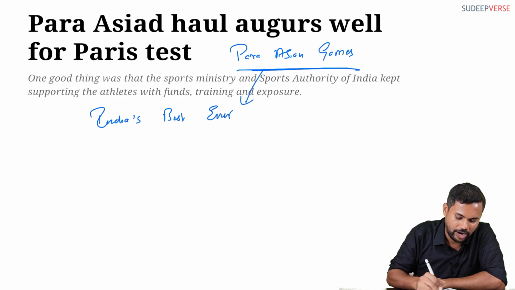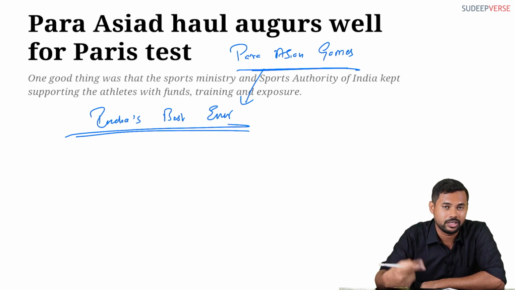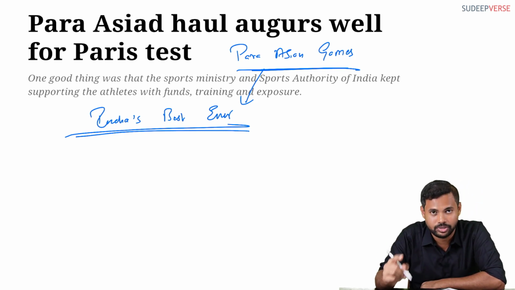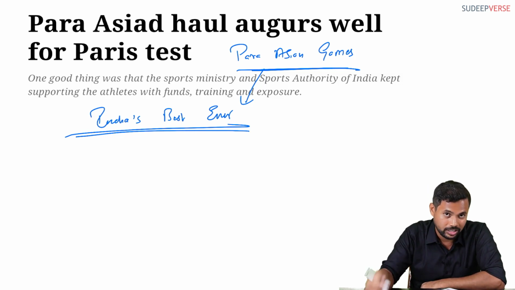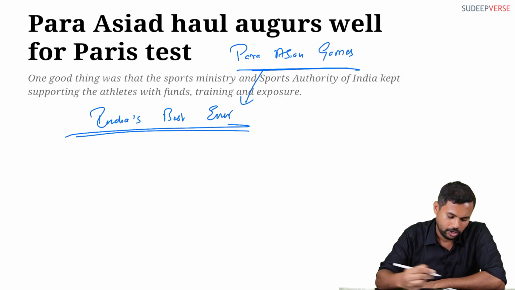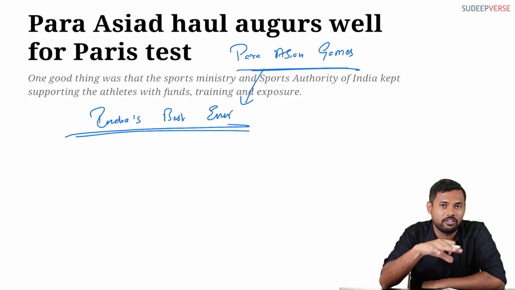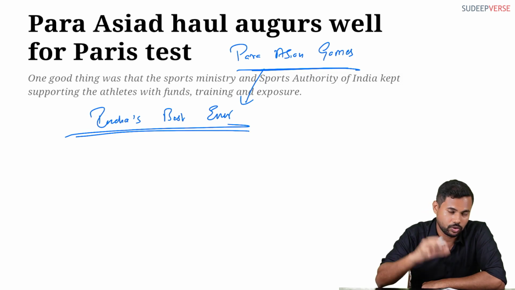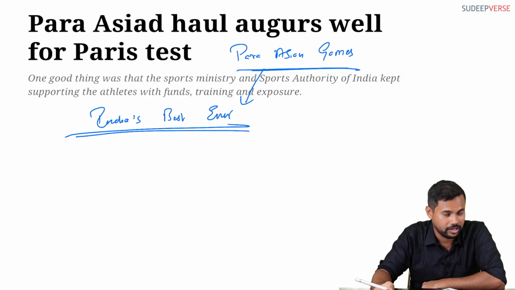Hence you have to know some statistics, because sports keeps making its appearance in the UPSC prelims exam. So you should have some statistics about recent sports, especially if India is part of it. Obviously India has performed well in the Asian Games also, and I've given you the important facts in the relevant video. So here, our para athletes have also done India proud.